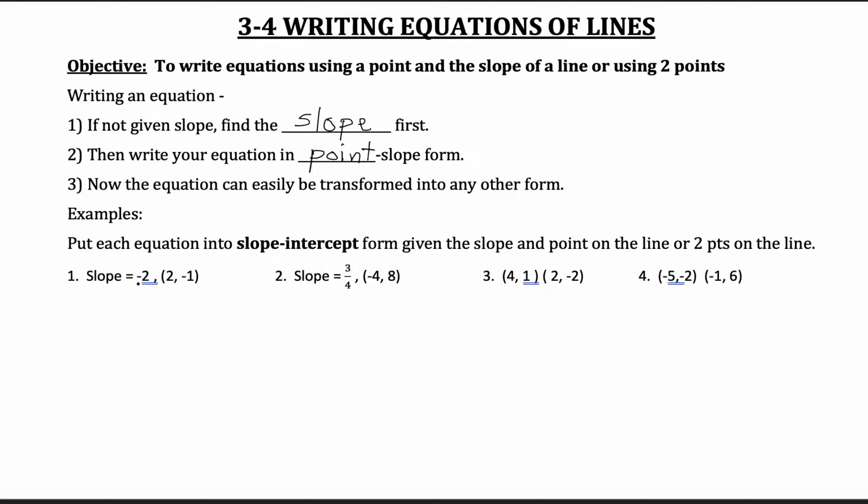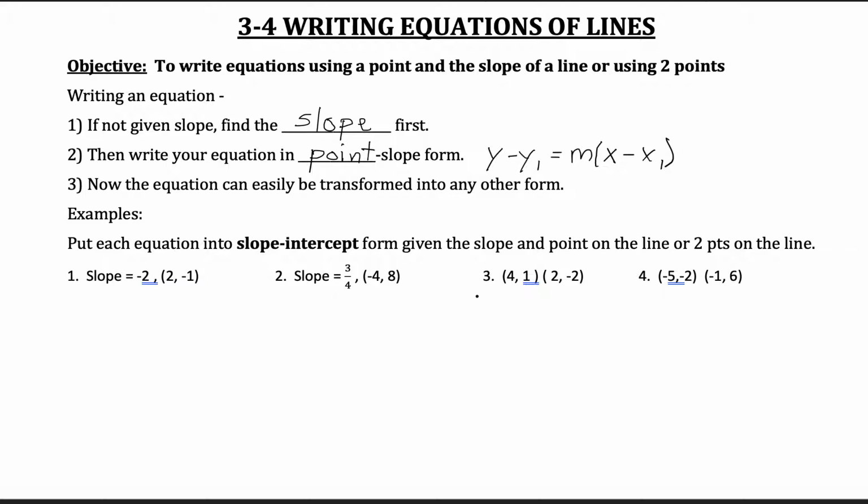So looking at example 1, we have a slope of negative 2, and we have a point (2, negative 1). To write this into our point-slope form, remember that point-slope form is y minus y1 equals m parentheses x minus x1.